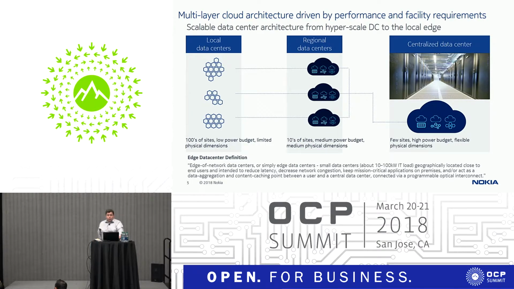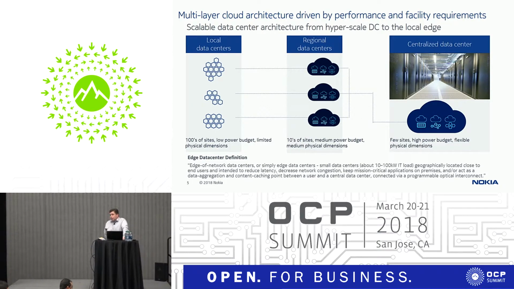Then going to the extreme left on the slide, the local data centers. There the demand is for hundreds of different sites with rather low power budget. Typically we are seeing numbers below 4 or 6 kilowatts per rack.